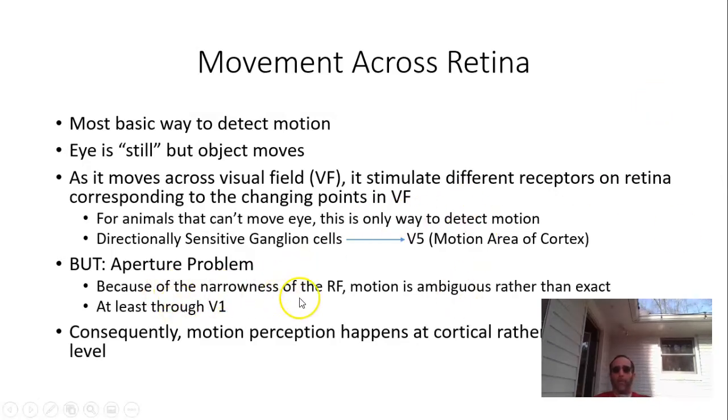There's a problem with this because our fovea is such a small area. We have such a small area of acuity that it creates a lot of ambiguous motion. And you can experiment with this a little bit. Just create an OK sign, and then put a pencil or your finger through it, and don't let yourself see the ends of that.